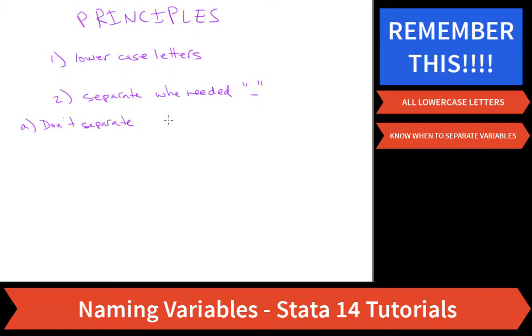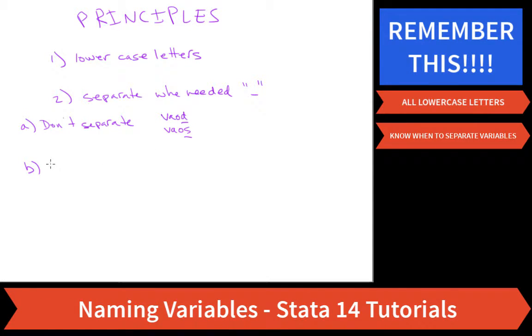So for example, if we're looking at visual acuity in the right eye and left eye, these may be named VAOD, OD means right eye, and VAOS, OS means left eye. Since it's so short, even though there is only a one-letter difference, it stands out pretty easily, and so there's no need to do that.